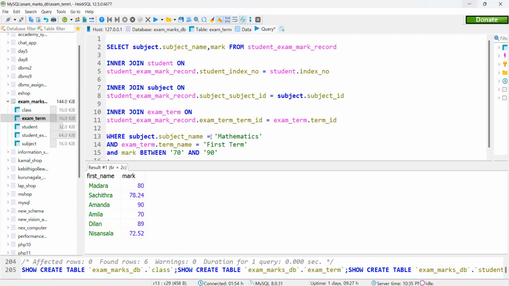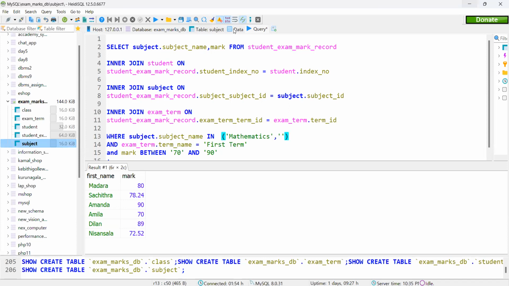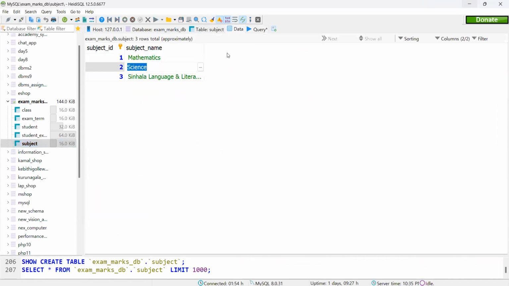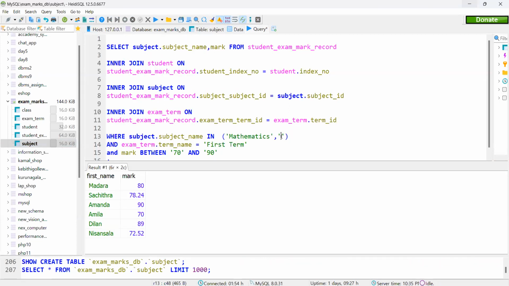There we have to edit mathematics and science subject. Copy science. We don't need that between condition. The first term subject. Let's see.